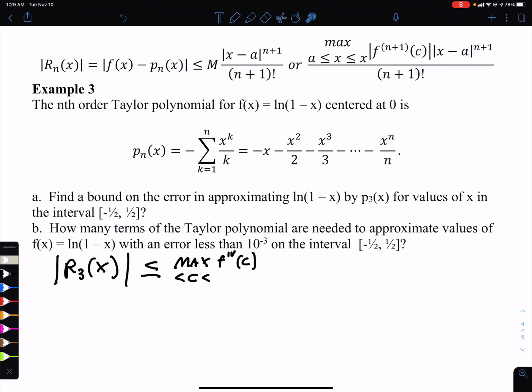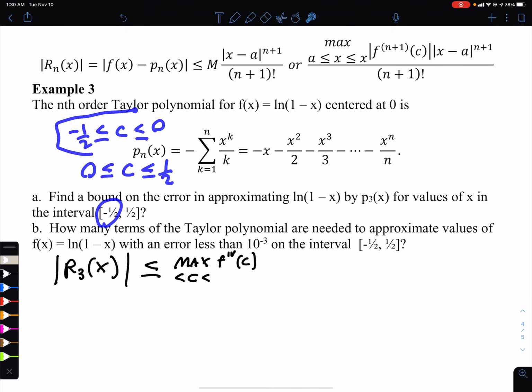If we can pick any x between here and here, technically it could be 0 all the way to 1/2, or it could be -1/2 all the way to 0. So if you happen to pick -1/2, here would be your range for the domain for C. And if you pick 1/2, it would be from that.